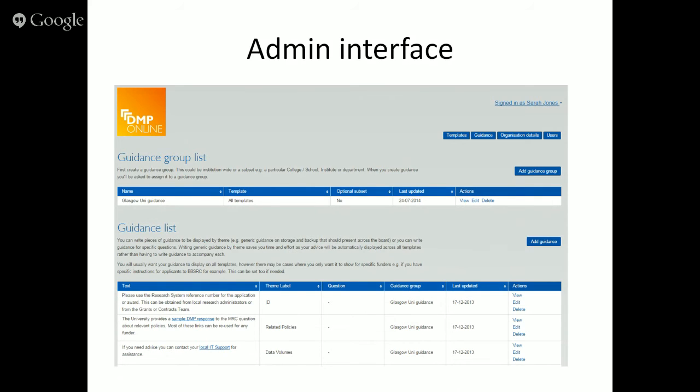It allows you to add your own guidance, and that can be both at an organizational level or for specific schools or disciplines. And you can look at what users there are within your organization, and this is where we would provide additional stats and information, the kind of intelligence that institutions are looking for.